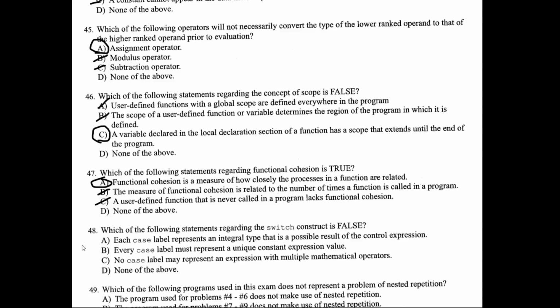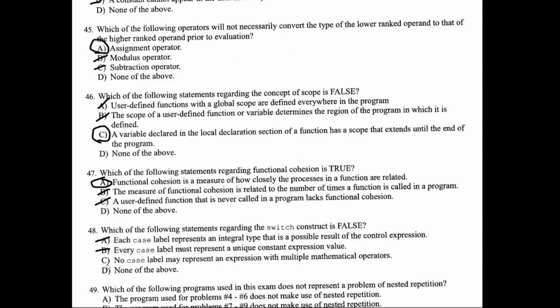48. Which of the following statements regarding the switch construct is false? A, each case label represents an integral type that is a possible result of the control expression. That is true. B, every case label must represent a unique constant expression. That is also true. C, no case label may represent an expression with multiple mathematical operators.